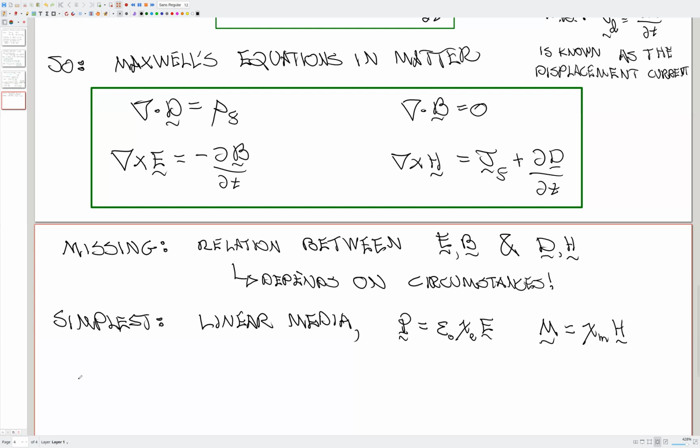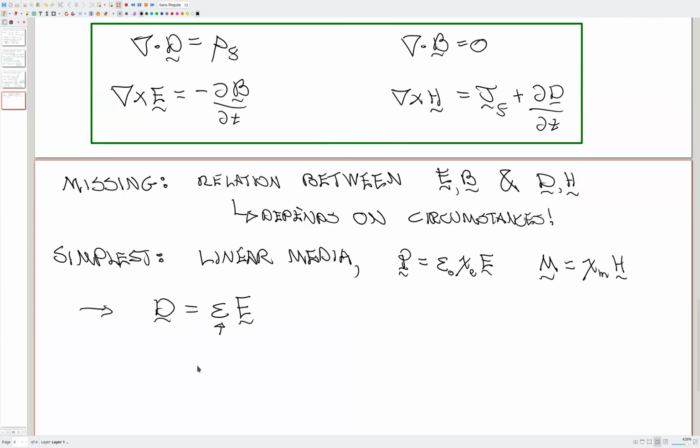And in that case, the displacement D just becomes proportional to E, where the constant here is epsilon 0 times (1 plus the electric susceptibility).